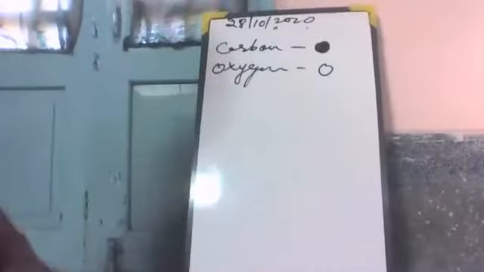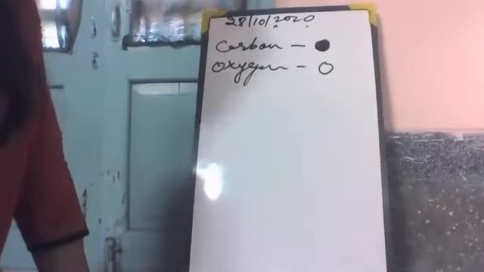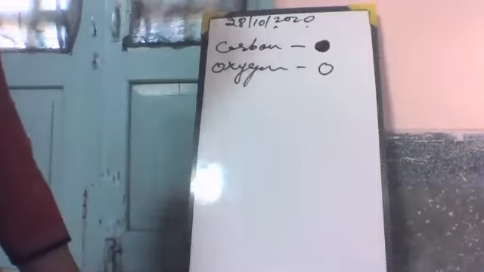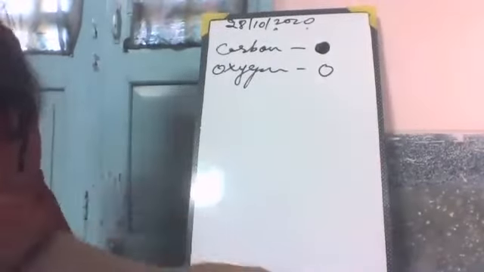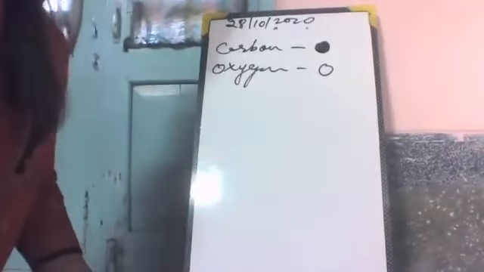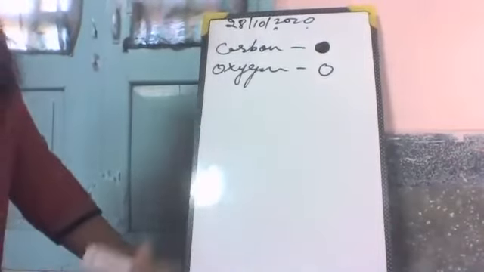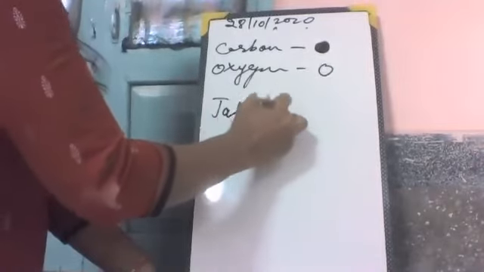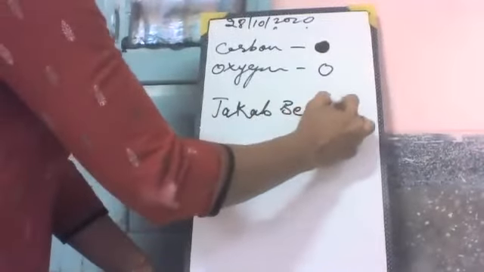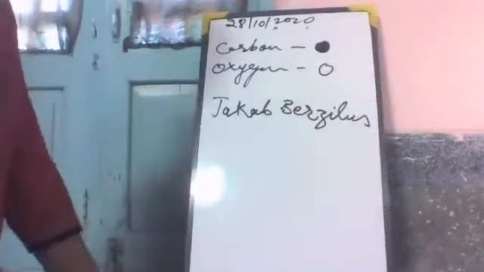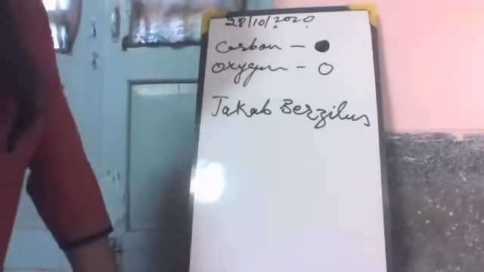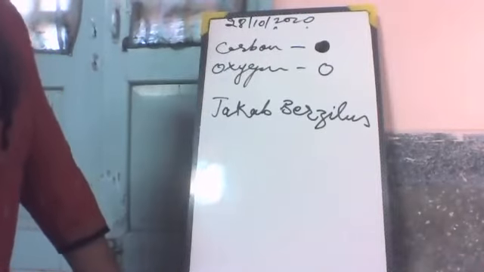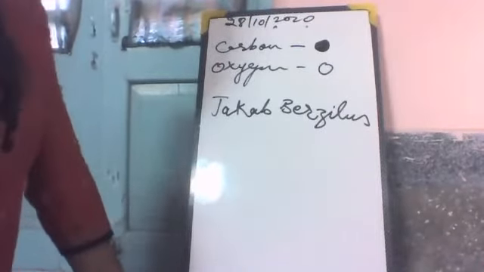Okay. Now, after this, these symbols are not sufficient for all the elements. So, Jöns Jacob Berzelius suggested a symbol system. He gave that the letter of an element written in capital letter should represent the particular element.